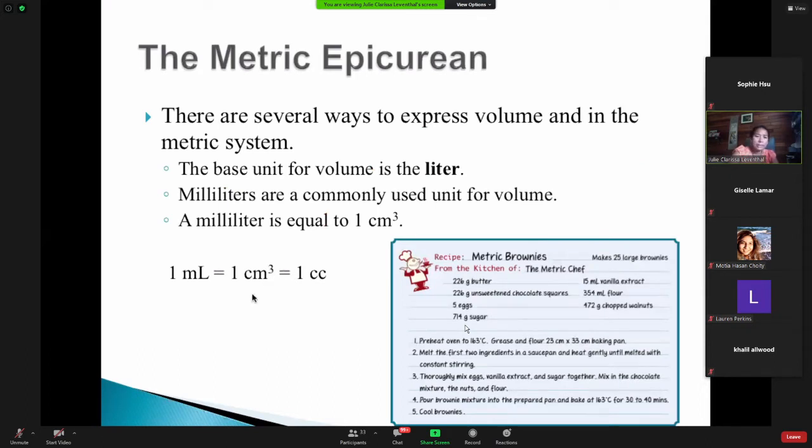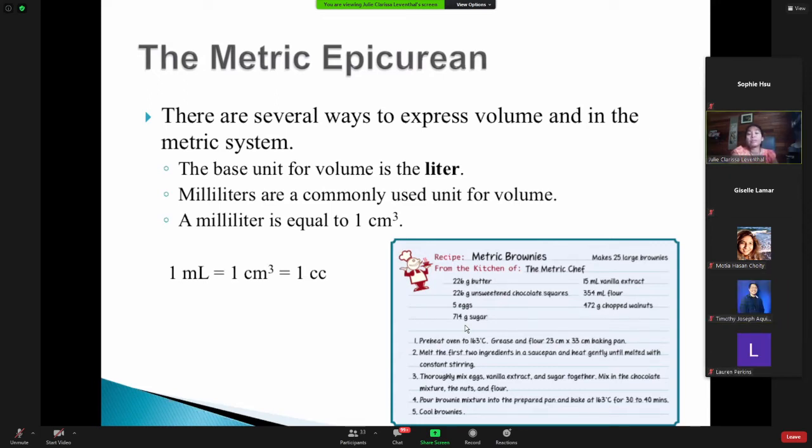And this is what I said. We can go from metric to British. So ml to cm cubed or cc, these are all equivalent. Milliliter is volume. So what is the formula for volume? Volume for a cube. Who remembers geometry?